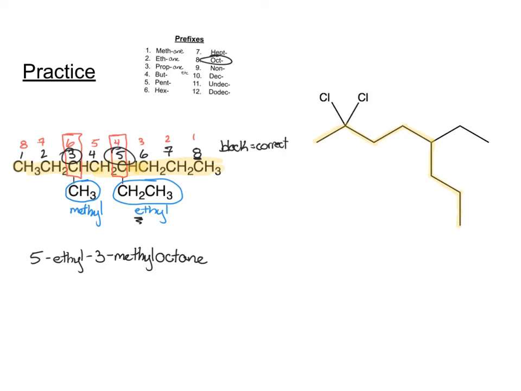So let's figure out which way do I need to number this chain. I can go this way, 1, 2, 3, 4, 5, 6, 7, 8. Or I could go starting at the bottom, 1, 2, 3, 4, 5, 6, 7, 8. So my possible combos of numbers are with the blue numbering system.